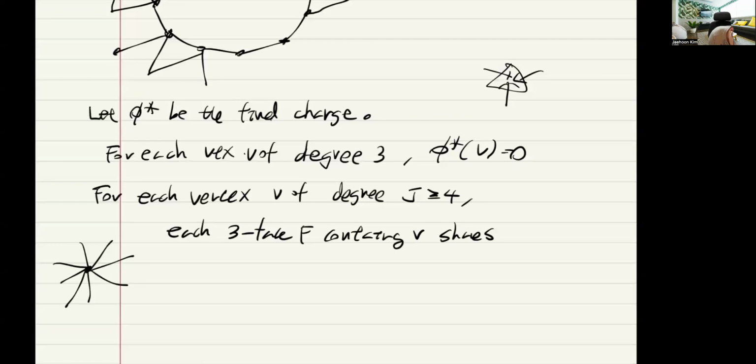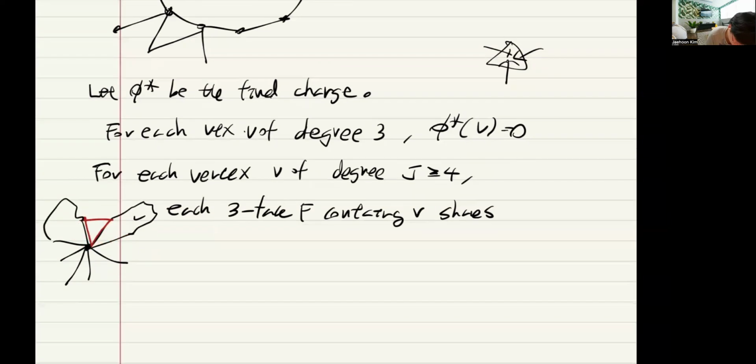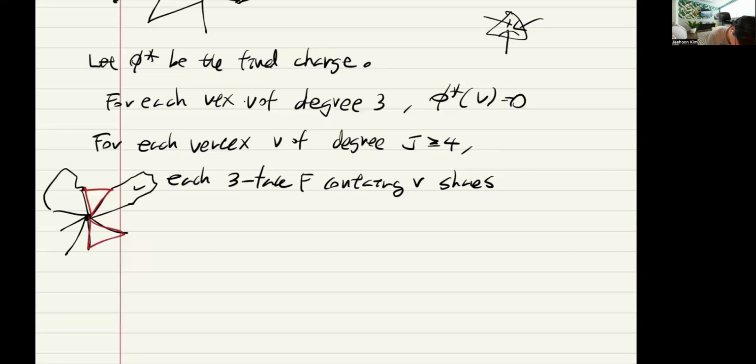In order for this to give charge to this face, this face must be a non-3-face, and there must be a 3-face here that contains it. Then this gives charge to here, and then this same triangle makes this give charge to another one here.